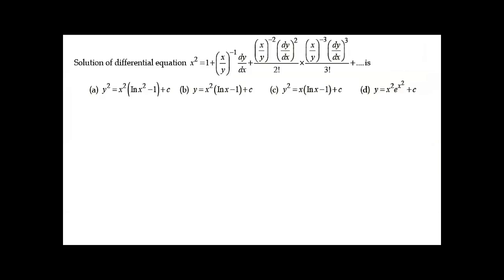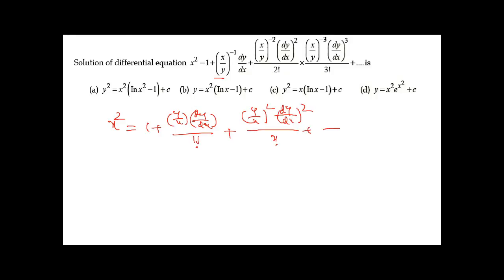So here, what I will do is, this is x square. So this is 1 plus x by y whole power minus 1, which means y by x. You can take y by x dy by dx by 1 factorial, then y by x whole square dy by dx whole square by 2 factorial, and like that we get terms.